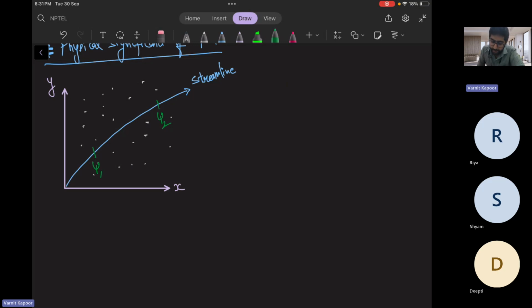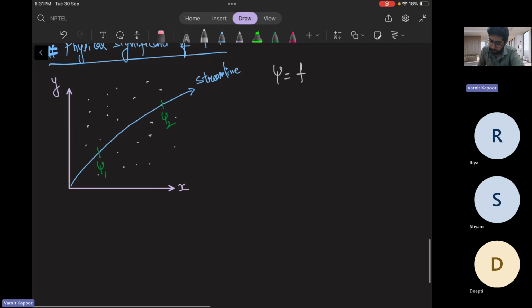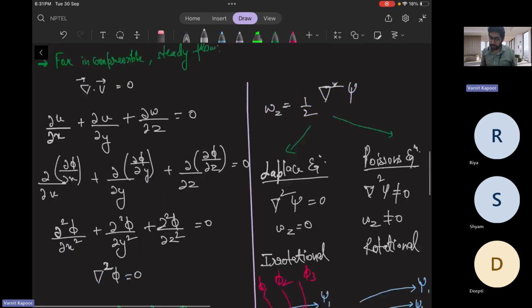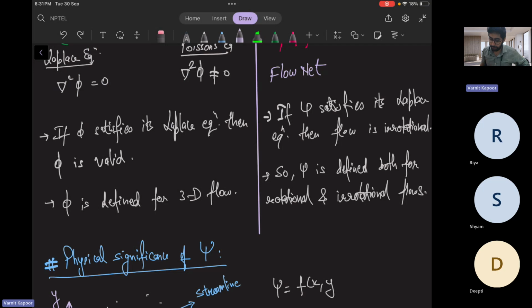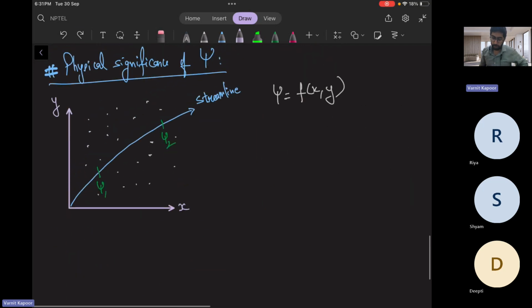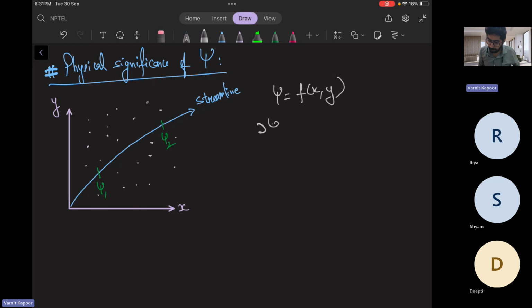So I say that psi is a function of x and y as well as time, but let us assume it is only a function of x and y. When I was saying psi is a function of x, y, z, and t, you take either x, y, or y, z, or x, z, not all three together, because it is only defined for two-dimensional fields. So psi is a function of x and y. Let us take the partial derivative of psi.